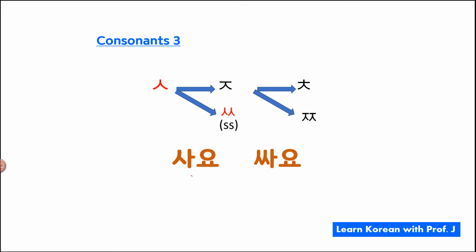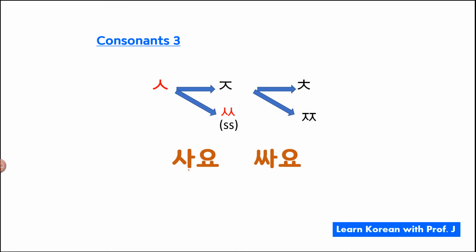Let's read this word. This is 사요, which means to buy. When you buy something, you can say 사요. This is 싸요, which means to be cheap.